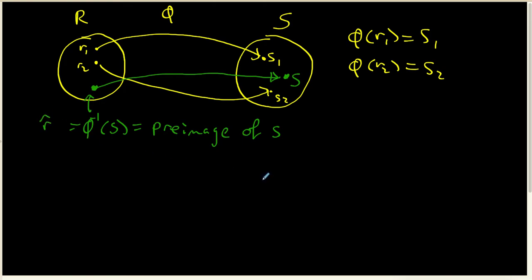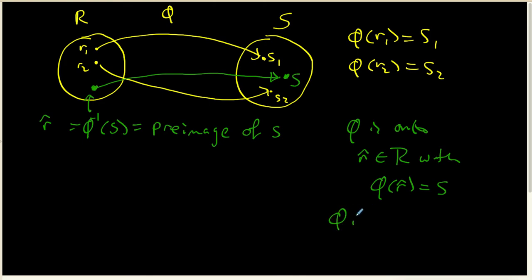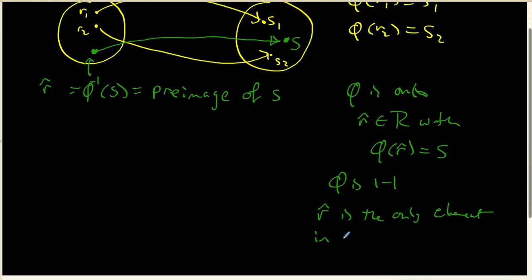And we know that because phi is onto, there is an r hat in R with phi of r hat equal to s, and because phi is one-to-one, we know that r hat is the only element in R with the property that phi of r is equal to s.